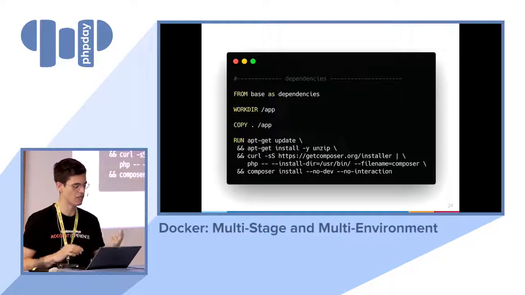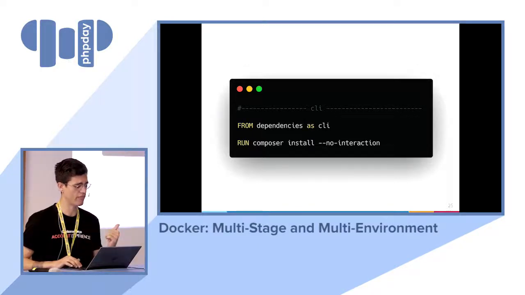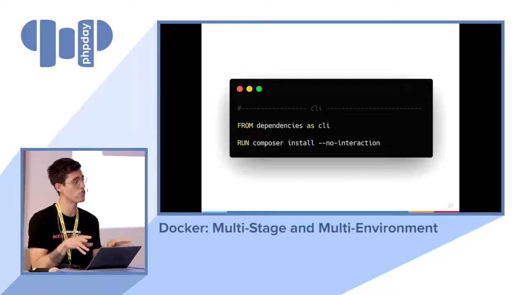And here I'm installing Composer, I'm installing the dependencies, I'm installing unzip, that is a Composer dependency, and it will be here, no problem. And then I have the CLI. The CLI is the stage that I use to run my tests, to run PHP artisan commands, to run anything that I want to interact with the CLI. So it's used for development. So I'm installing everything here.